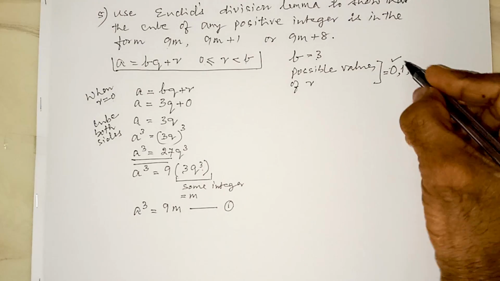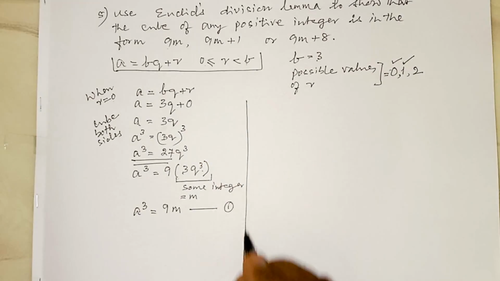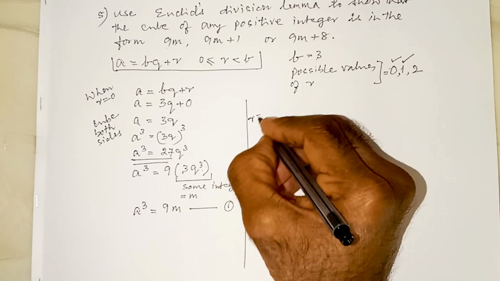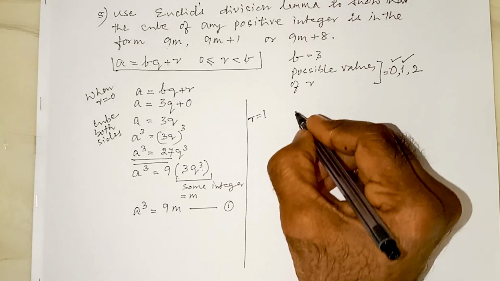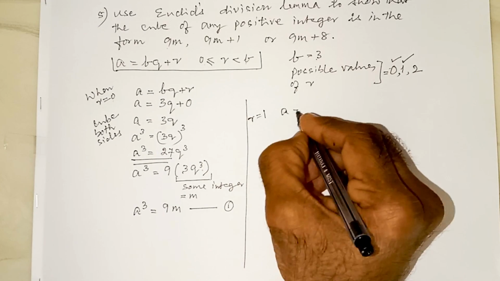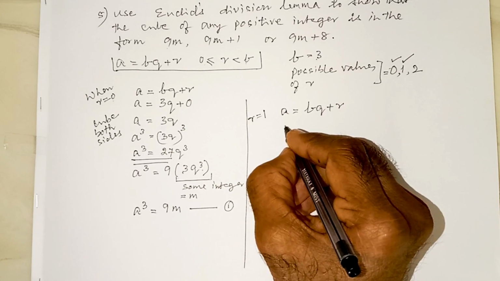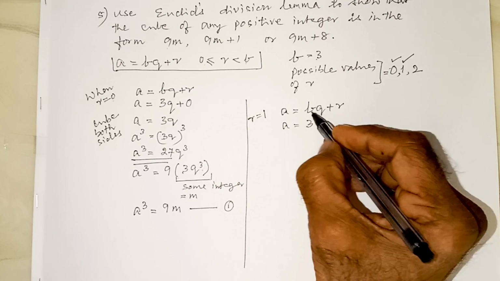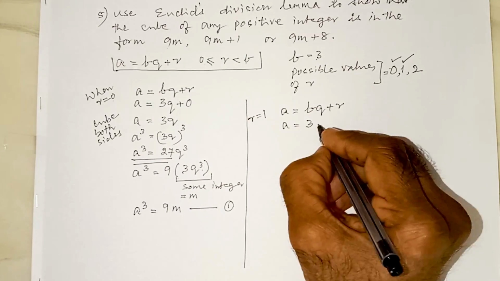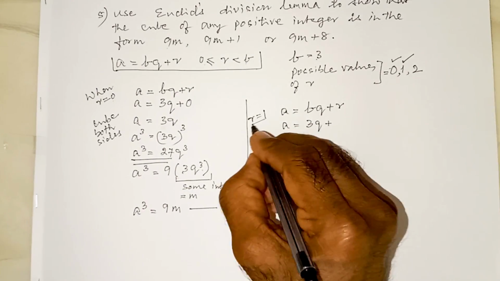Now we will take the value of R as 1. When R is equal to 1, what happens to our Euclid's division lemma, which says A is equal to BQ plus R? A will be equal to 3 because B is 3 here, Q as it is, and R value we have taken 1.